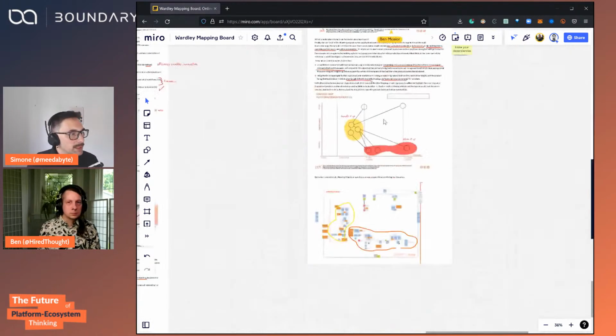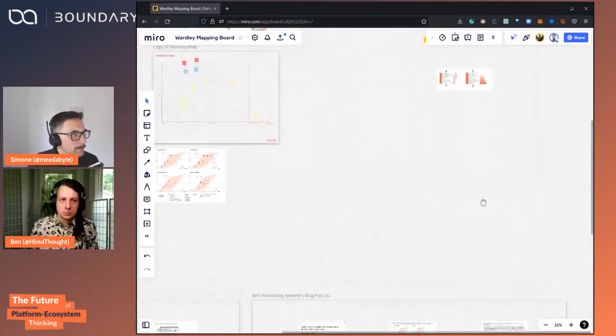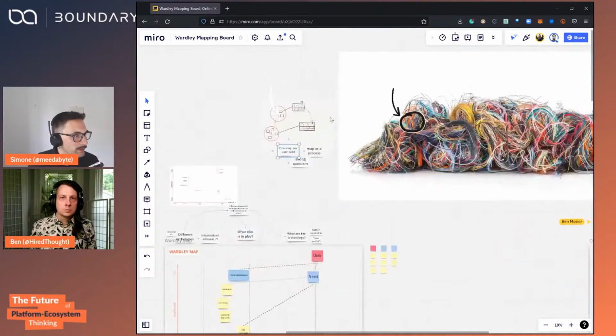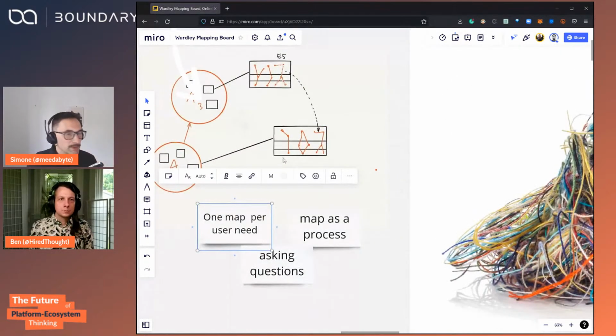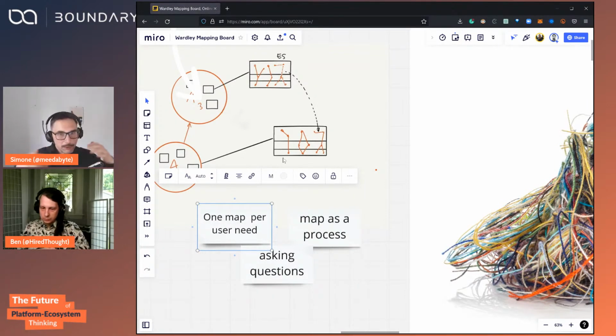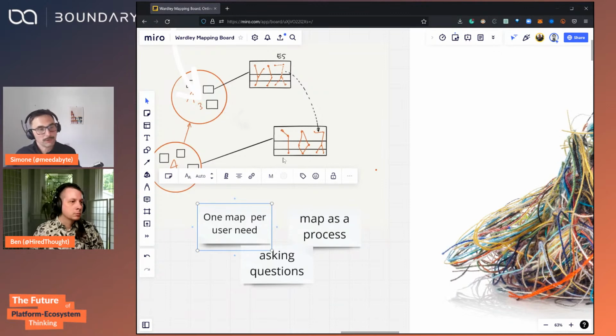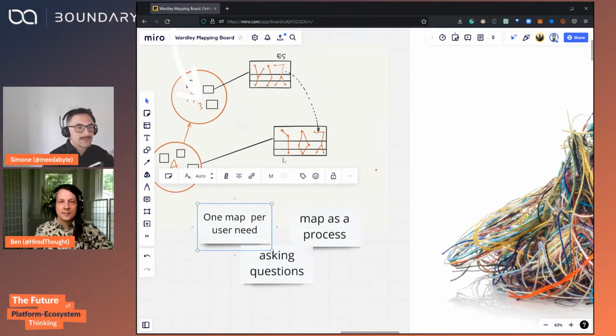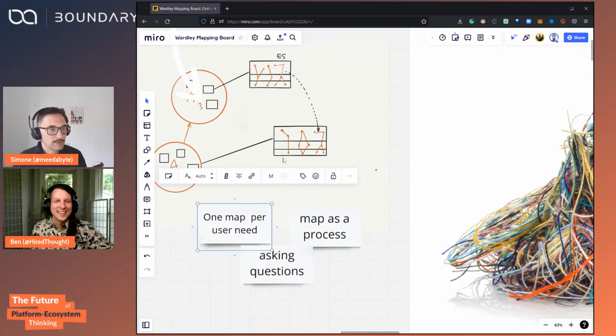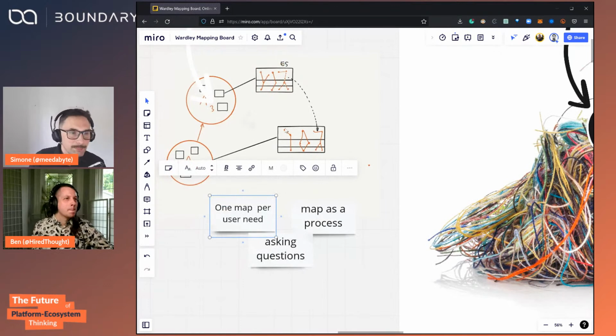So one big insight that I bring home is maybe you start with arenas, you do one map, and then you iterate on those maps. You ask questions to those maps. You try to integrate them, and you keep maps of the value chain of the arenas that you mapped as you develop your product strategy. And then you come back to the map and see how your product strategy is transforming the value chain accordingly. So that's, I think, an interesting point to bring home.